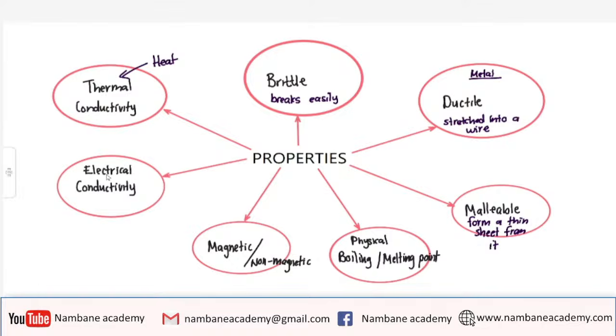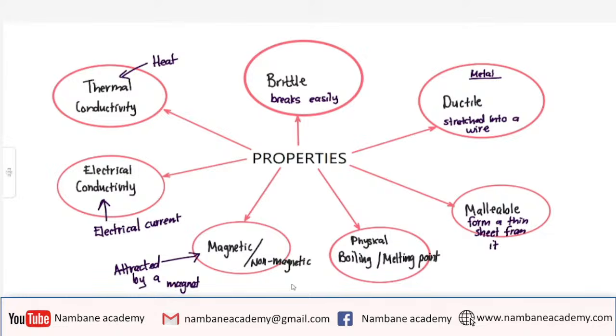And then electrical conductivity, that is obviously electrical current. So that means that it allows current to pass through it. And then if it's magnetic, it means that it can be attracted by a magnet. And if it's non-magnetic, then obviously it cannot feel that force or be affected by that force.